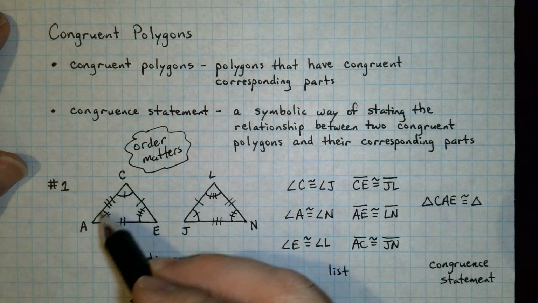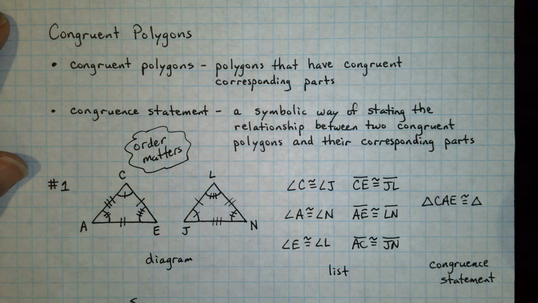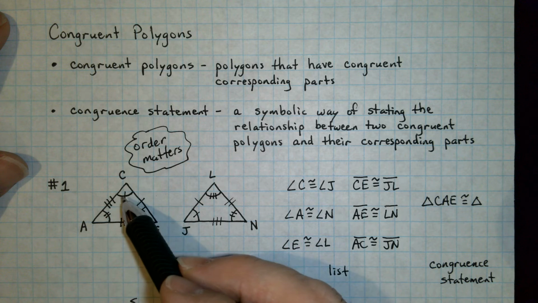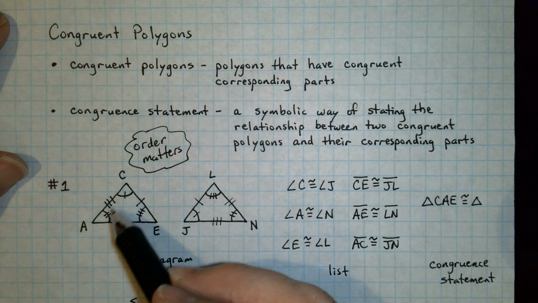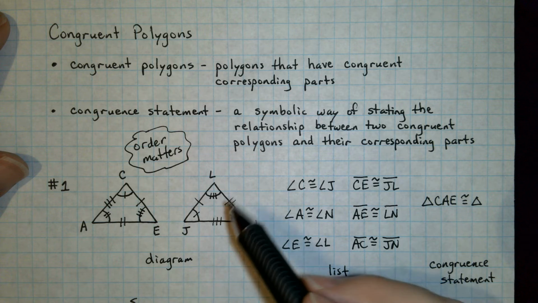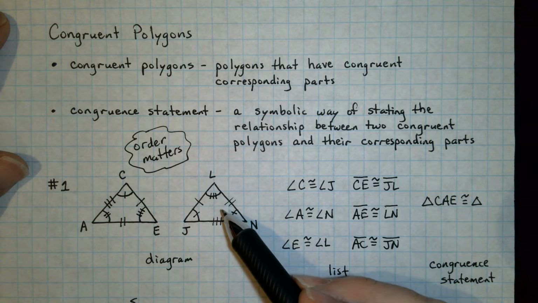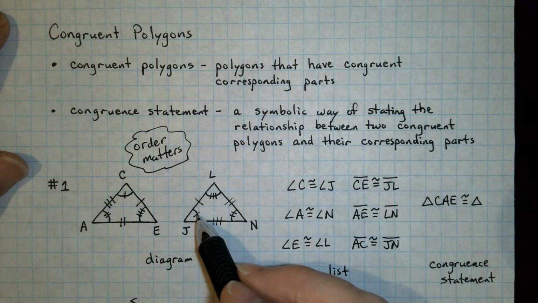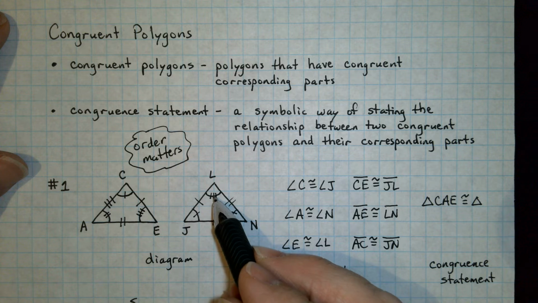When I went from C to A to E, if I think of it in terms of the angles, I went from the angle with 1 mark to the angle with 2 marks to the angle with 3 marks. When I name this one, I'm going to have to follow that same order. 1 mark, 2 marks, 3 marks.